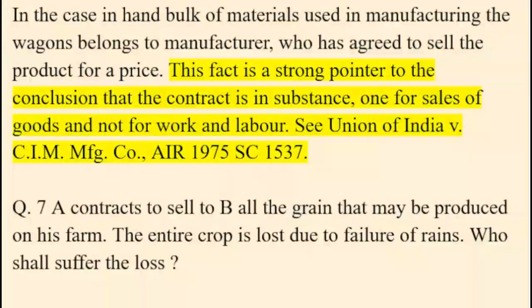This fact is a strong pointer to the conclusion that the contract is in substance one for sale of goods and not for work and labor. See Union of India vs CIMMCO Company, AIR 1975 SC 1537.